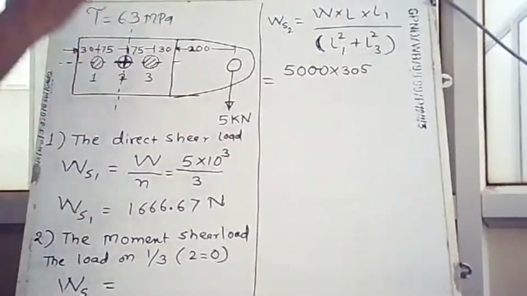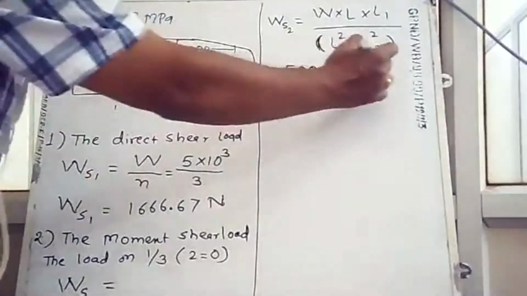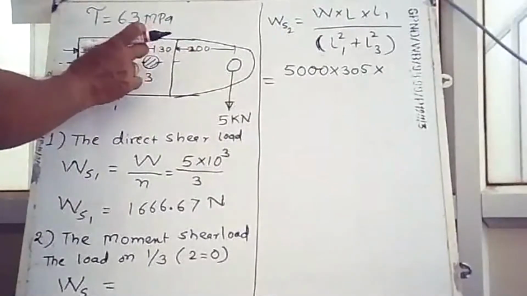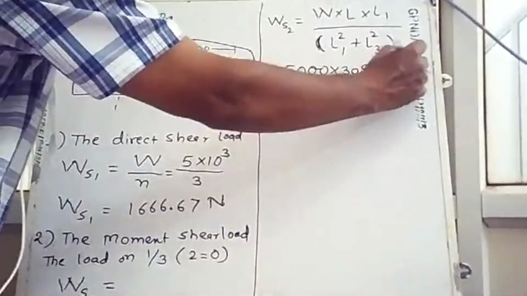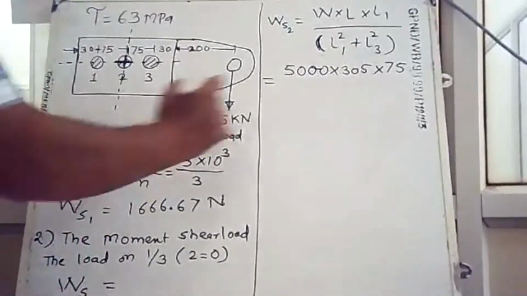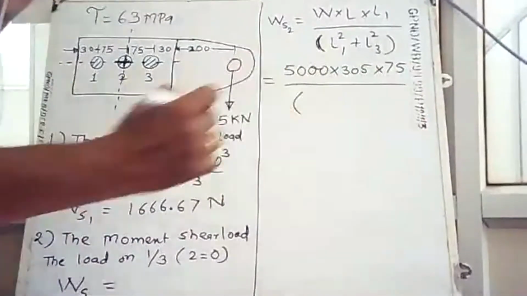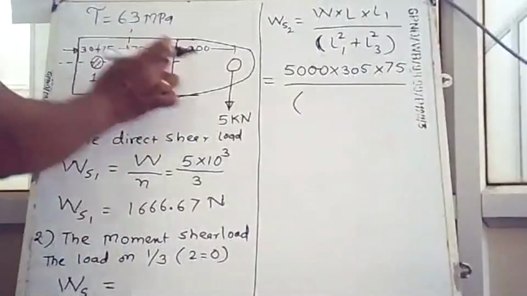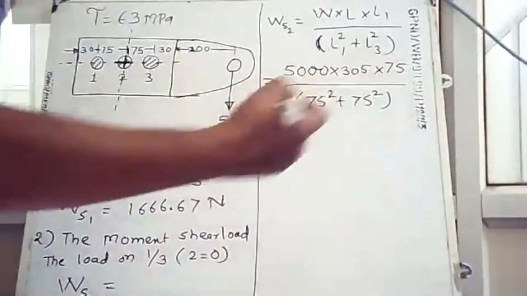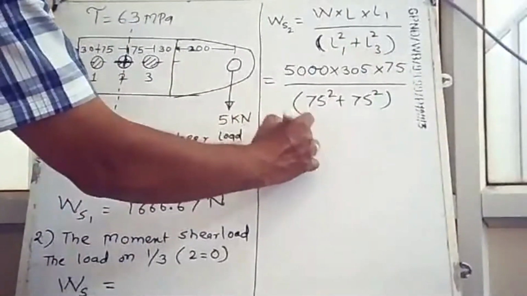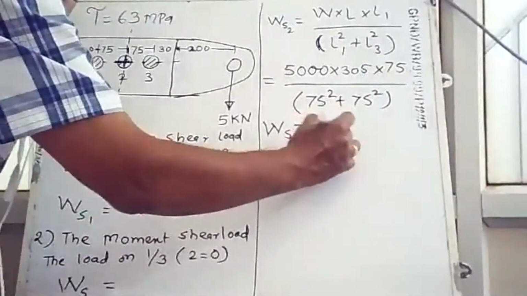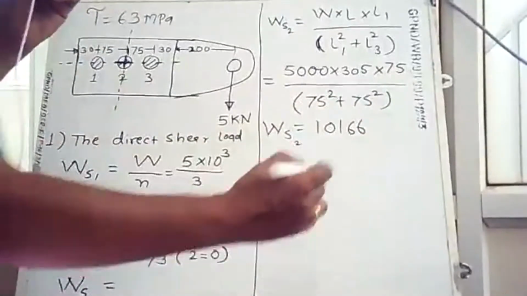So 5 kilonewton multiplied by this distance L, multiplied by the radius for first or third, which is 75, divided by 75 square, since L1 and L3 both have 75 distance. So the second shear load that comes out is 10166.67 newtons.